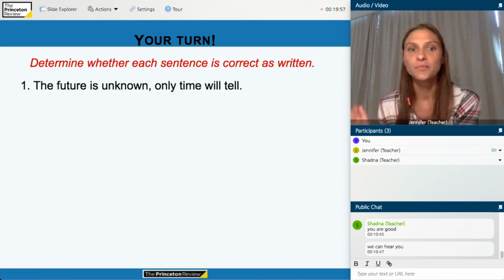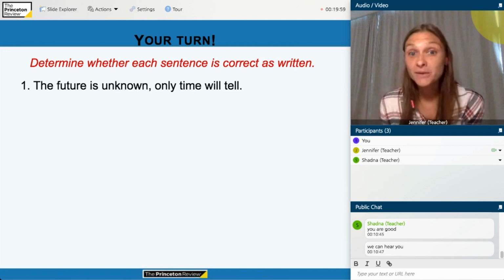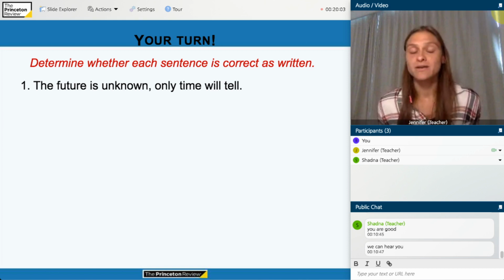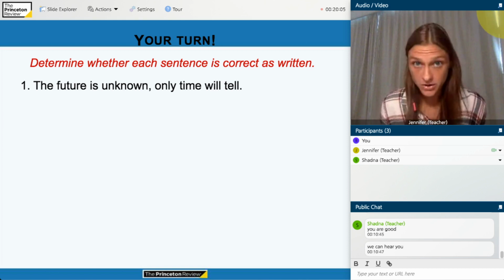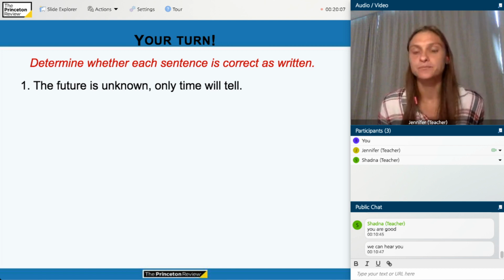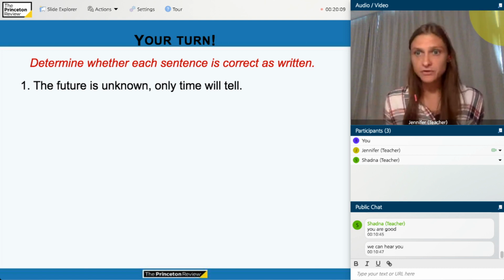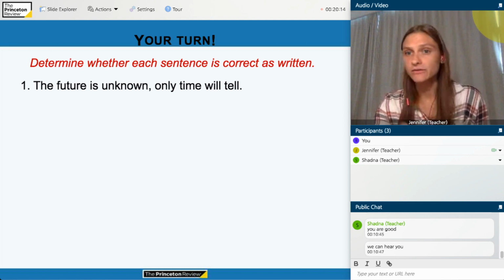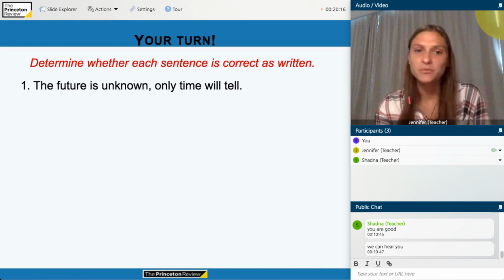So, your job now: determine whether each sentence is correct as written. Number 1, the future is unknown, only time will tell. We can take that vertical line test that we did and put it into play here, because now you don't know whether this is incomplete or complete.